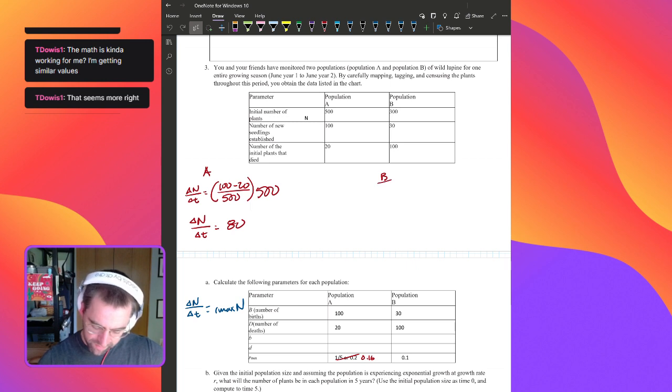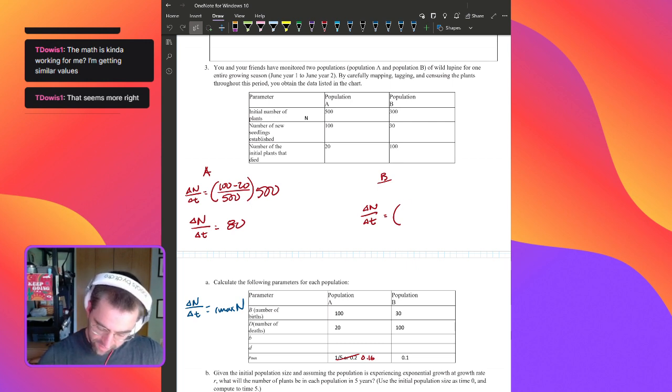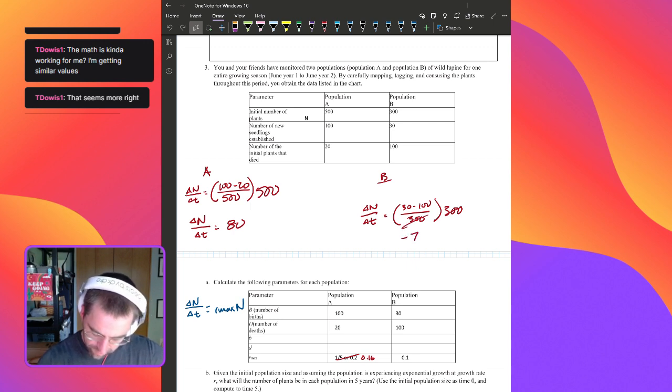Let's try it for population B. This is in 1 year. We'll get a negative number here, so that's fine. 30 minus 100 over our initial population, which was 300, times 300. Yeah, that can't possibly be right.